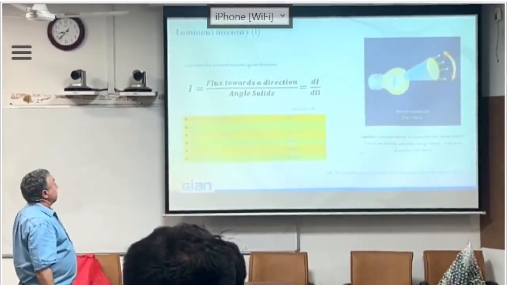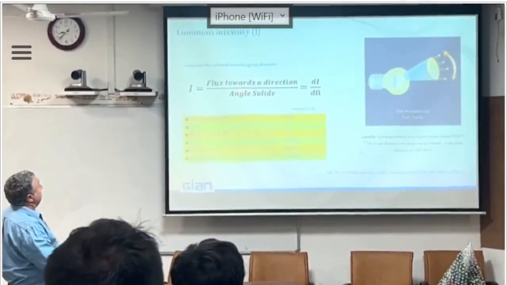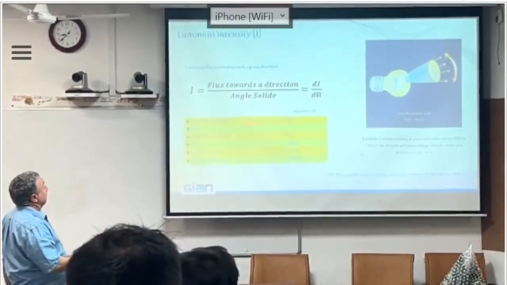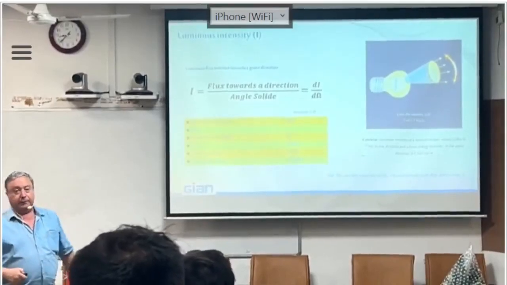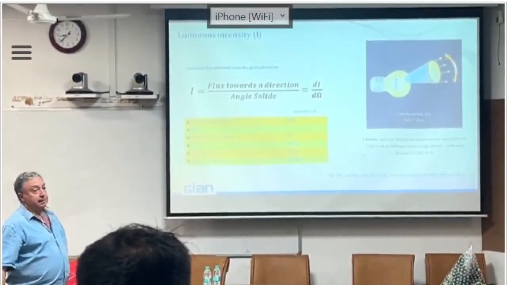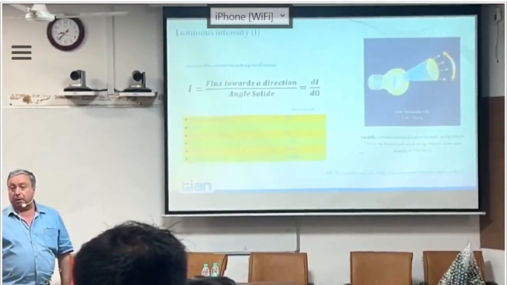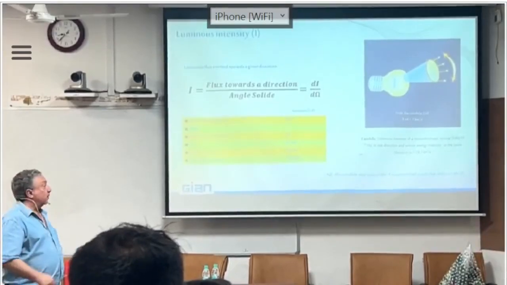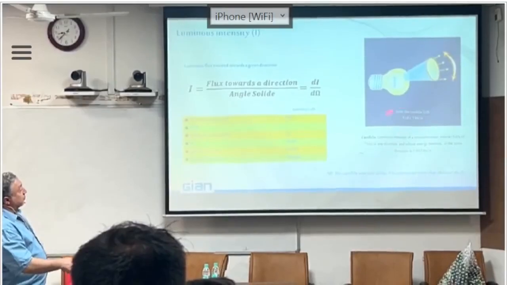The luminous intensity is the ratio between the flux toward a direction defined by the solid angle. In reality, it's the element of the flux over the element of the solid angle, and the dΩ should tend to 0 normally. This is the definition. And you can see here we measure in candela.